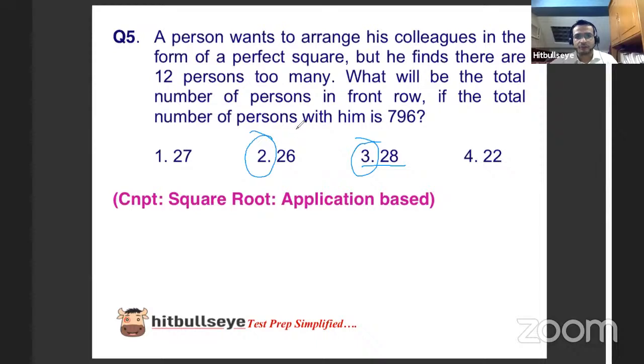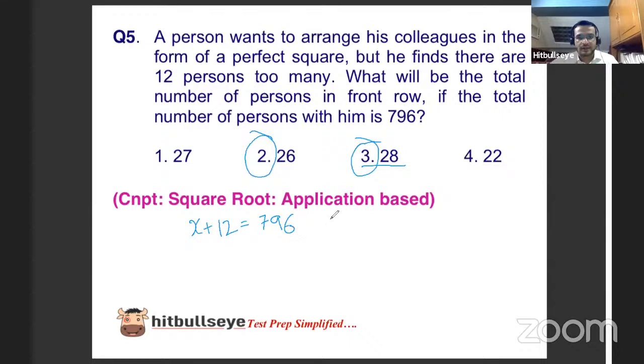What will be the total number of persons in front row if the total number of persons with him is 796? So now what will be the equation if I try to make out of this? So x is the number of rows or the side of the square he's looking for, and he found 12 are too many, and the total number of colleagues he's having is 796.